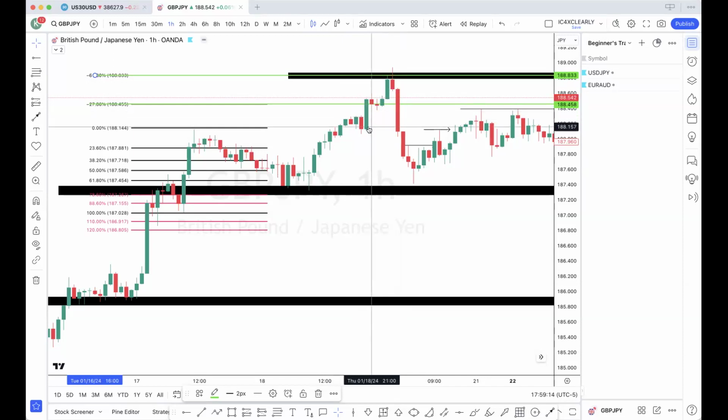My thought would have been, oh, this pushed up and gave me a bullish order block. So maybe I'm gonna take mine to the negative 618 instead of taking profit here at the negative 27, because I got a bullish order block, price pulled back into it, and then pushed up to the negative 618.